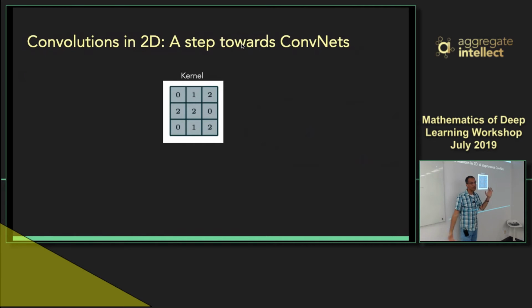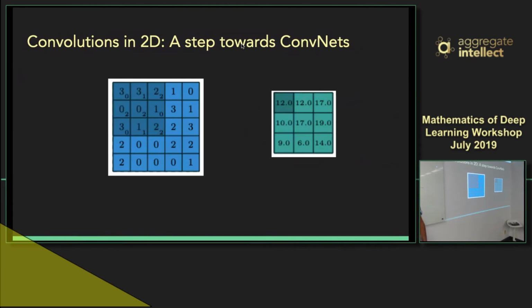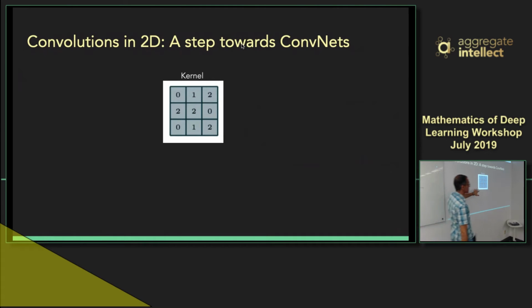So this is a 2-dimensional matrix that we want to apply to my 5 by 5 matrix. All right. So I have an image. This is my image, and I would like to convolve it with this kernel.